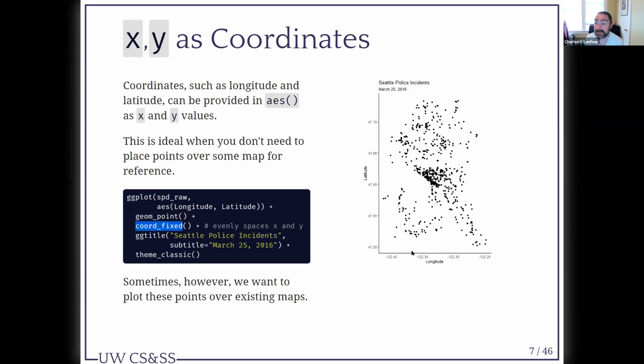So it forces it to be kind of square in its scale. This isn't perfect for latitude and longitude because the distance between longitude lines changes by your latitude. So it can cause some distortion if you work with big units. But in this Seattle example, it's not too badly distorted, so it seemed fine to me here.